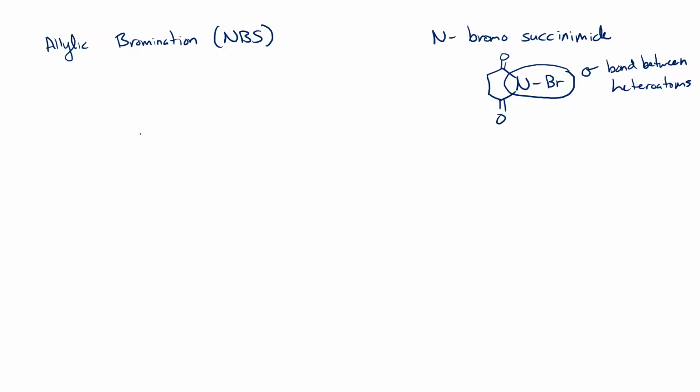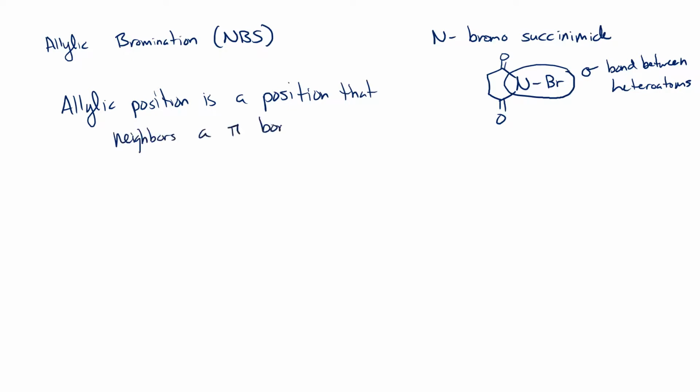Now we need to talk about what allylic means. An allylic position on an organic molecule is a position that neighbors a pi bond. Right?